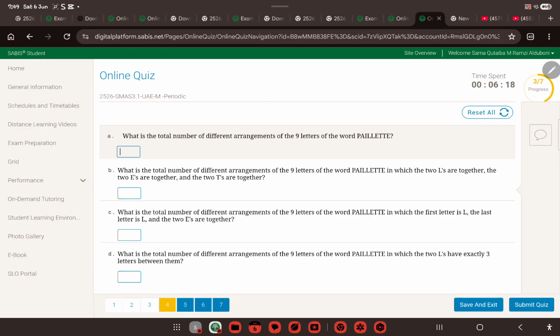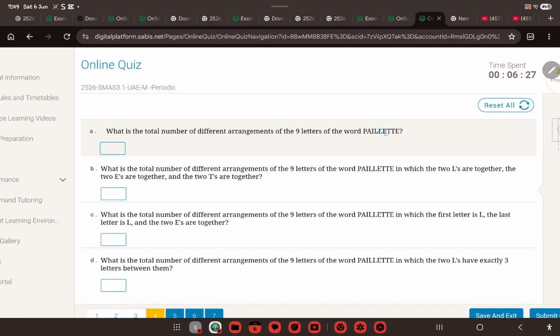What is the total number of different arrangements of the 9 letters of the word palette? We have 2 L's, 2 T's, 2 E's. They're repeating, so they want the total number of arrangements.